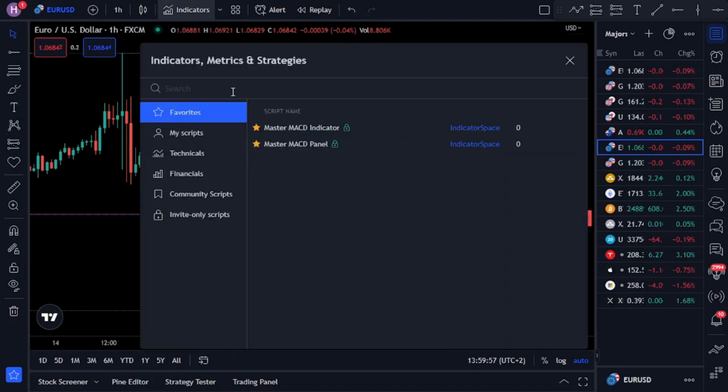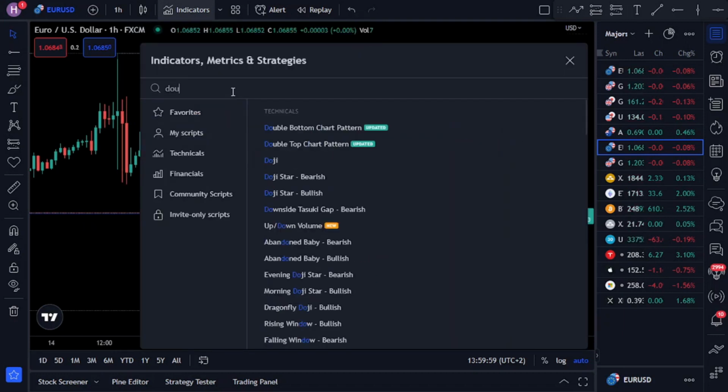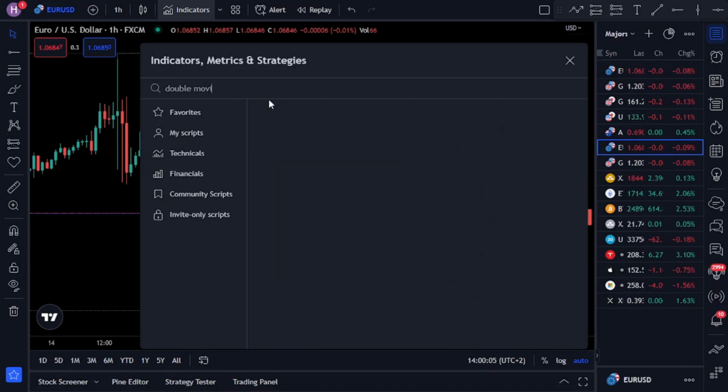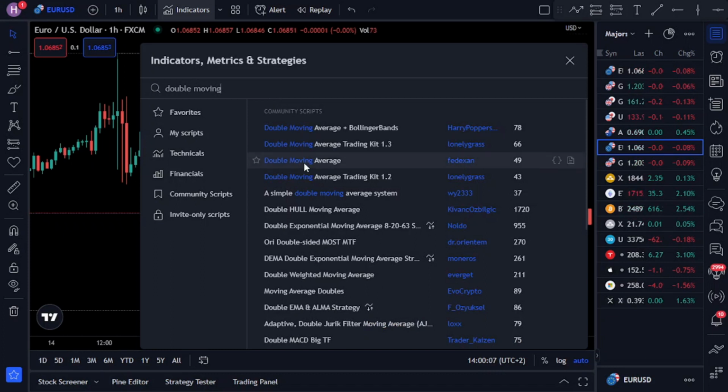The first indicator that we are going to add is a double moving average. We are going to use two long-term moving averages to determine if there is currently an uptrend or downtrend in the market. Remember to place a star next to it to add it to your favorites to make it easier to find in the future.